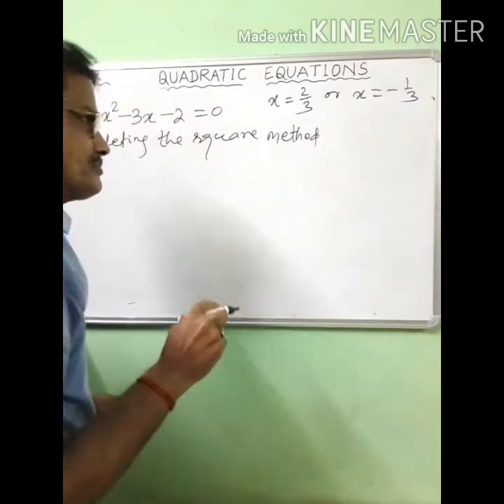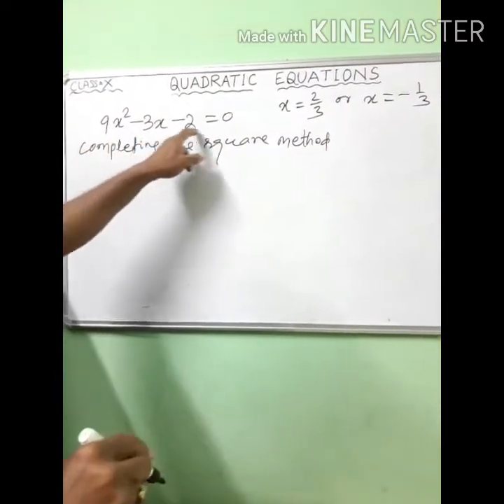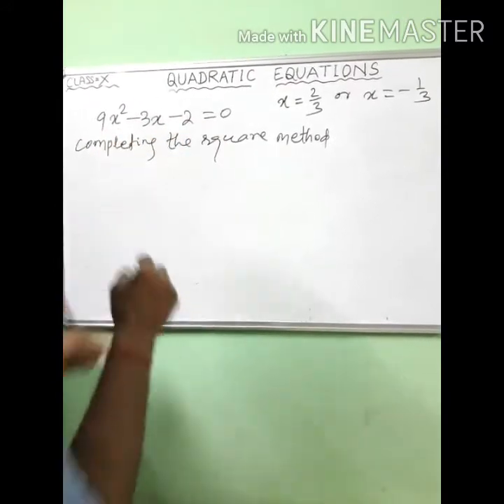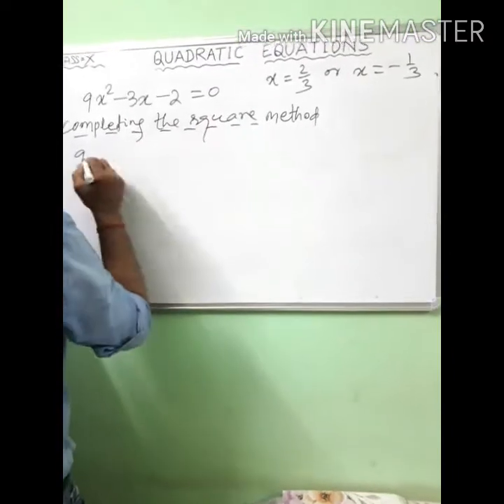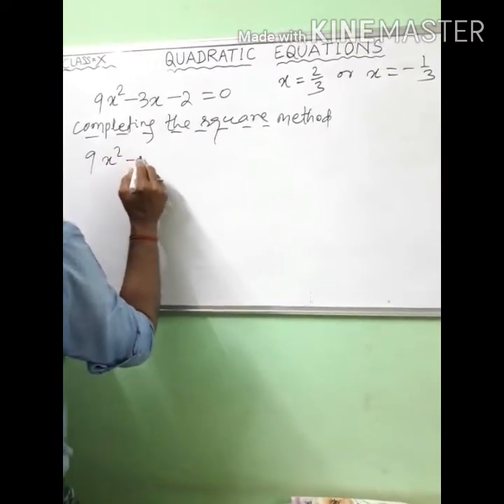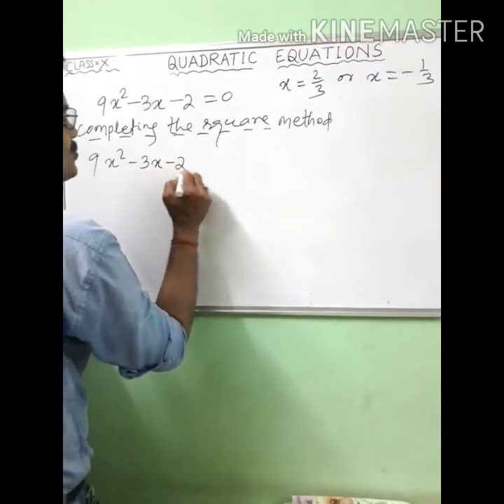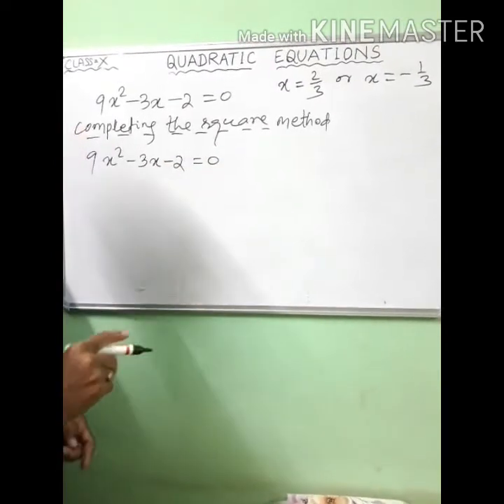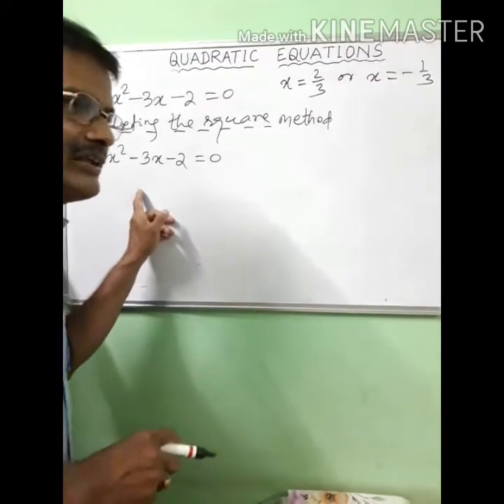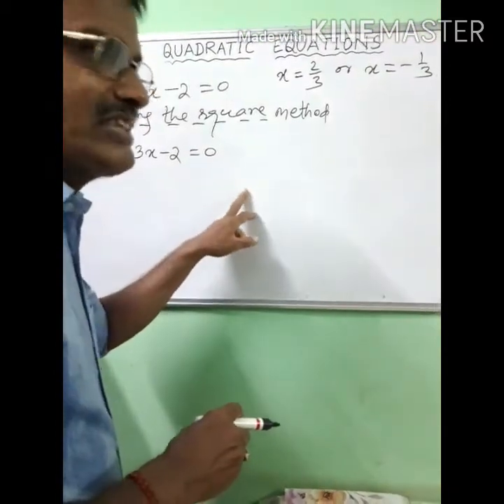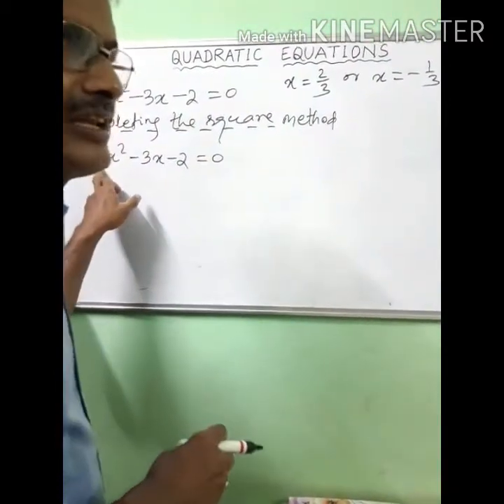So the equation is like this: nine x square minus 3x minus 2 is equal to 0. Now dividing both sides by 9.